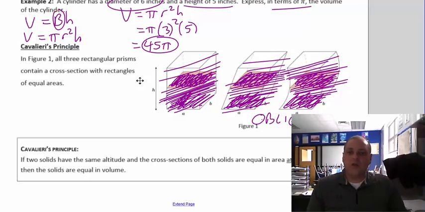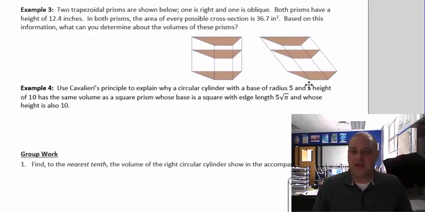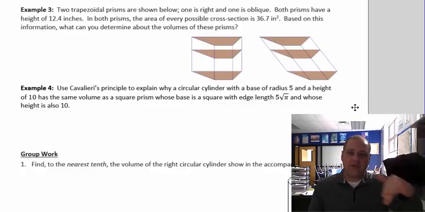So a nice example of that is this one here. We have 2 trapezoidal prisms. See how the base is a trapezoid? Two trapezoidal prisms are shown below. One is right and one is oblique. Both prisms have a height of 12.4.